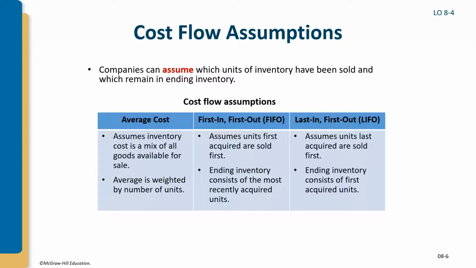So we're assuming that's how the items are being sold, so that's why we remove them that way. And then they have last in, first out, where the assumption is the newest items in inventory are sold first. We're not saying that's how they have to be sold. We're okay to assume that, to remove it. So you pick one of these methods if you don't use specific identification.